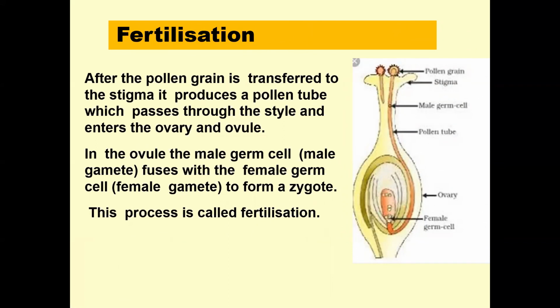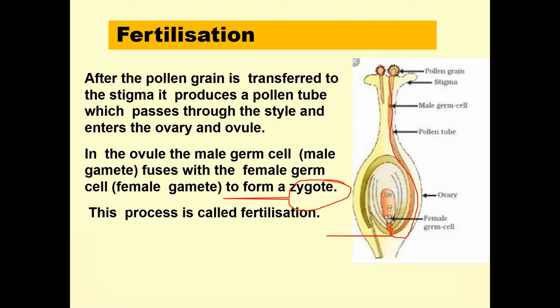Then after pollination, the pollen grains are transferred to the stigma. Then if they are compatible, a pollen tube comes out from this. Can you see this? Now the pollen tube is passing through the style here, and then it enters the ovule. In the ovule, the male gamete and female gamete fuse and form a zygote.